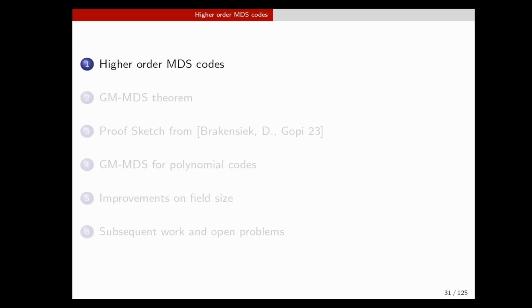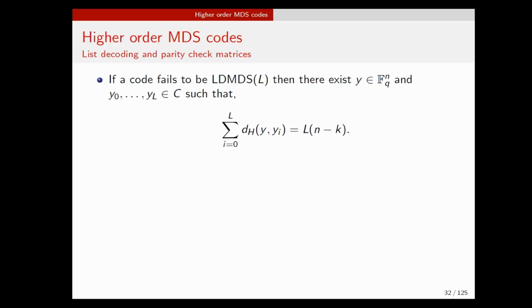To begin with, let's talk about higher order MDS codes. We start the study by taking unique decoding and defining MDS codes. So let's take list decoding and see if we can get some MDS code style notion. Let's take a code which fails to be LDMDS. What does that really mean?